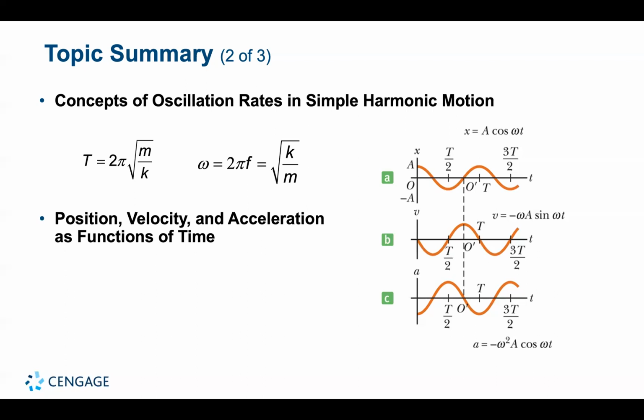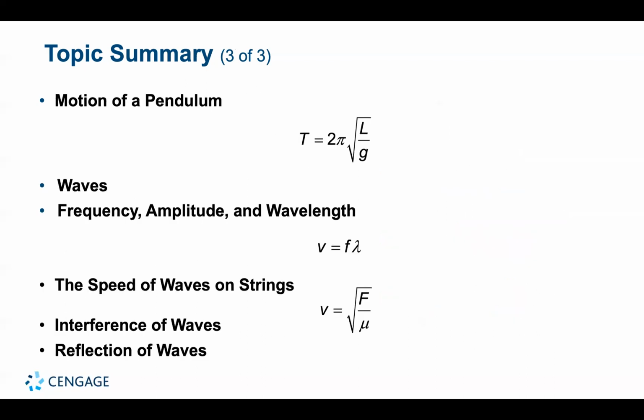For position, velocity, and acceleration as functions of time, when an object is moving with simple harmonic motion, these are given in the equations shown on each graph. For the motion of a pendulum, a simple pendulum of length L moves with simple harmonic motion for a small angular displacement from the vertical, with a period given by the expression shown.